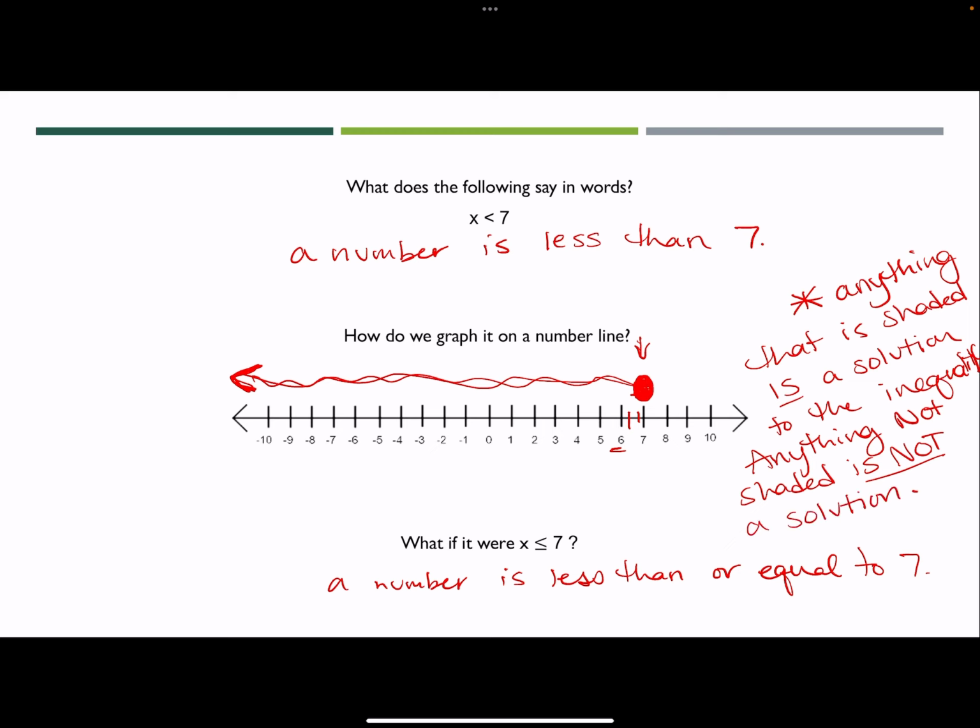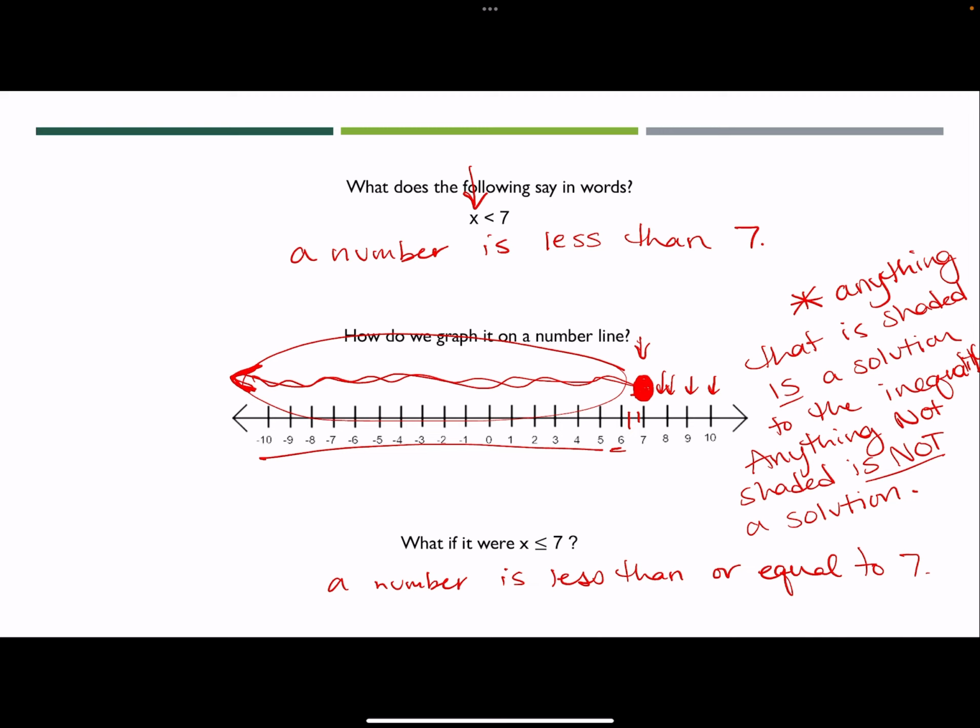So in other words, all these numbers down here that we have shaded in this portion here, they're all solutions. If I plug in any number for x, it makes that inequality true. But anything that's not shaded, for example, 8, 9, 10, 7.5, 7.1, those weren't shaded in my graph. So if I plug them in for x, it would make the inequality false.